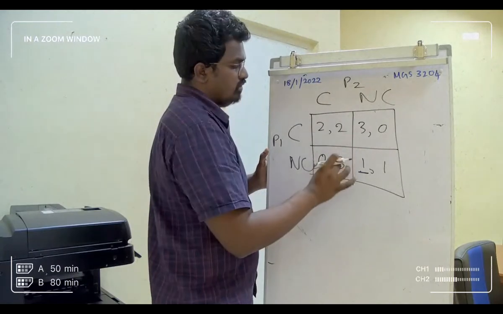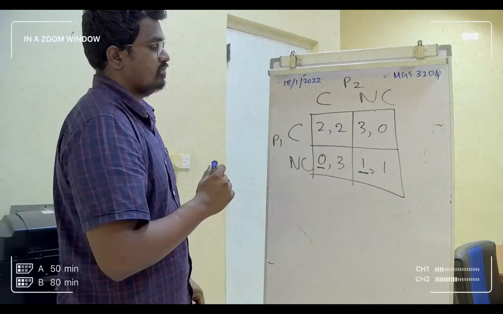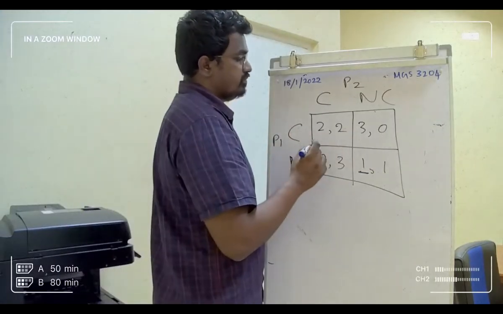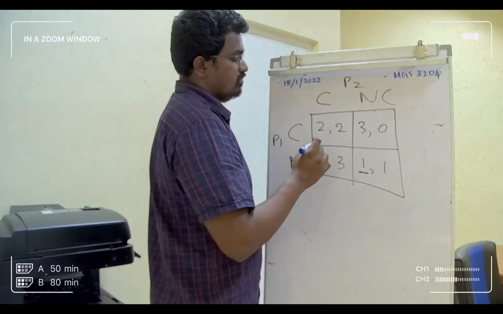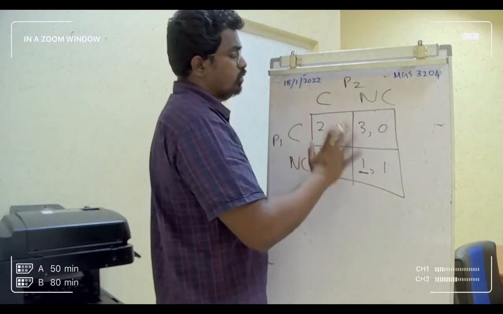You mean from these options? So we need to check it row wise, no, sir. 2 and 3 are possible alternatives. Then we can go with the 3. Now we are thinking of player 2.